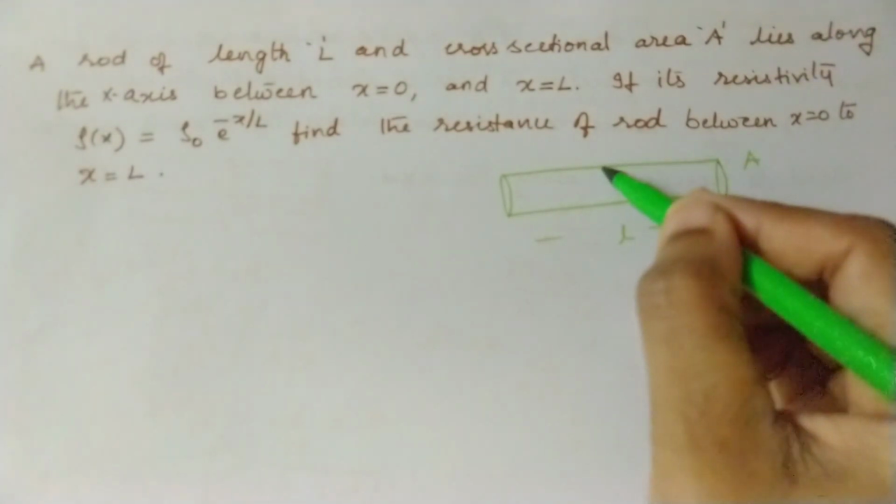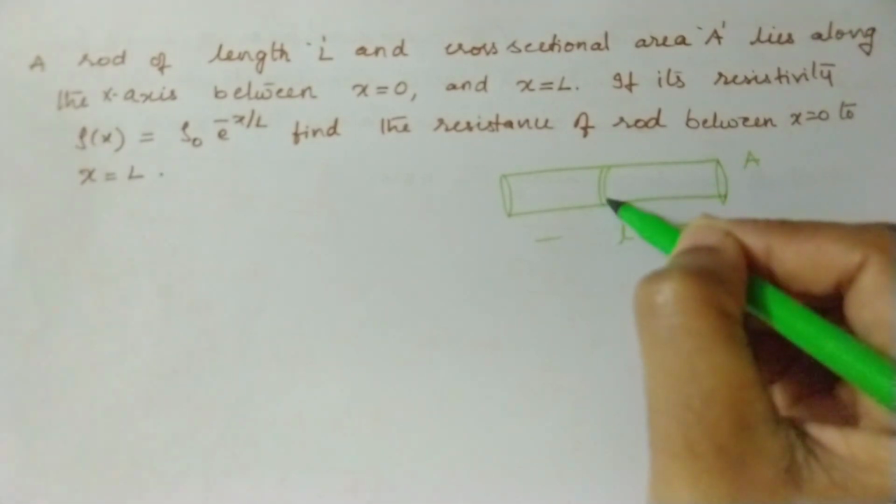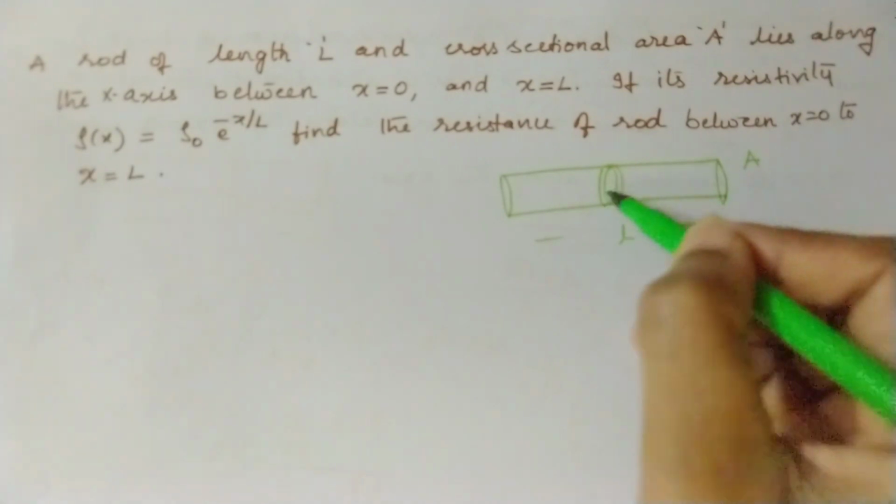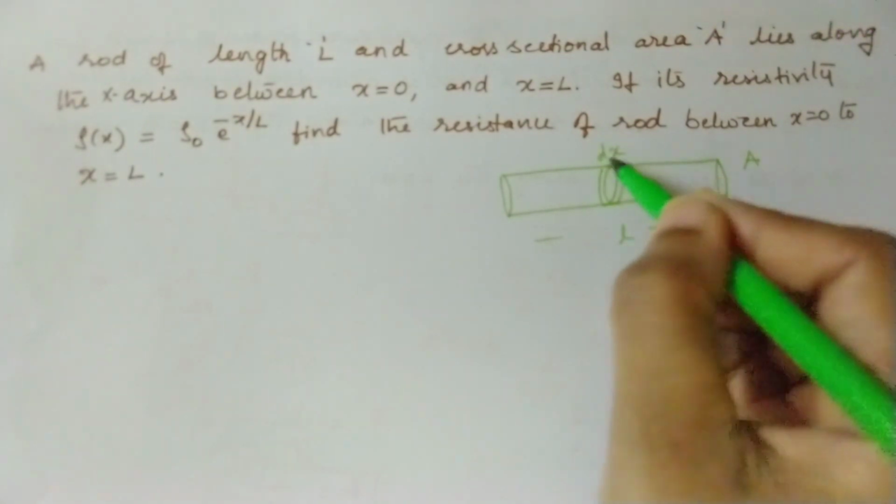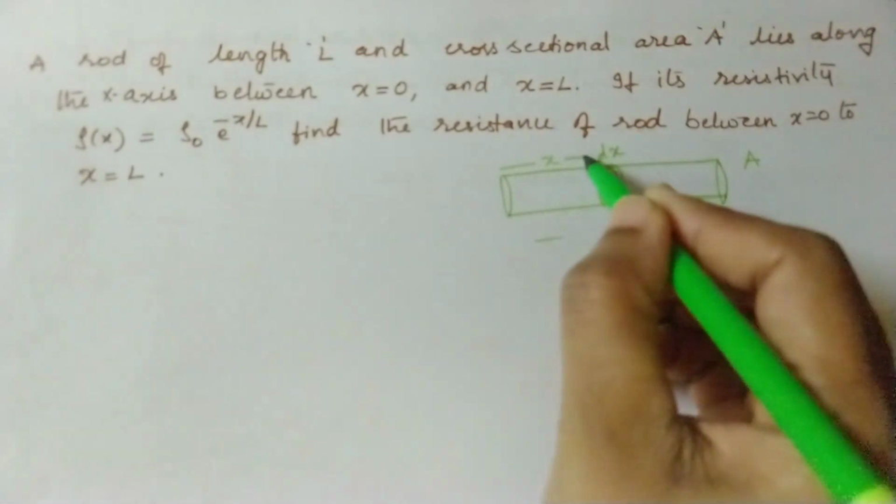Just like in the previous case, first I will consider one small element of this conductor whose thickness is dx at a distance x.